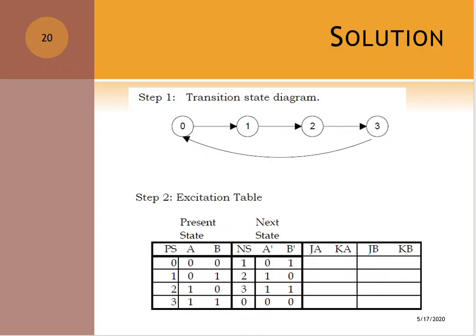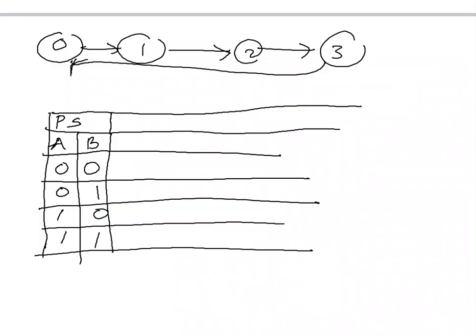Actually I'm copying this one. We have A, B. So this is present state just now. So present state we can have 0, 1, 2, 3.